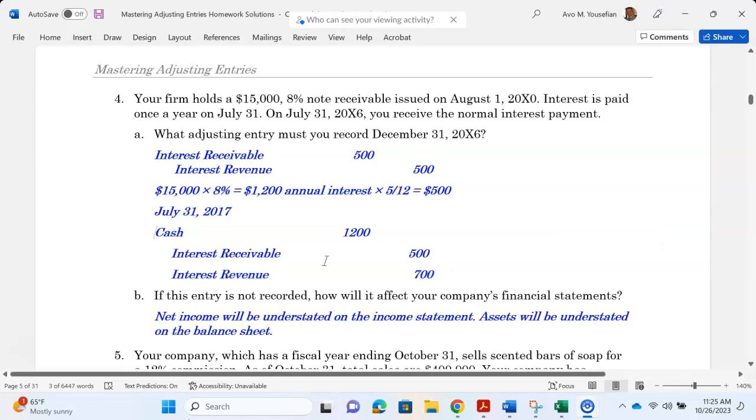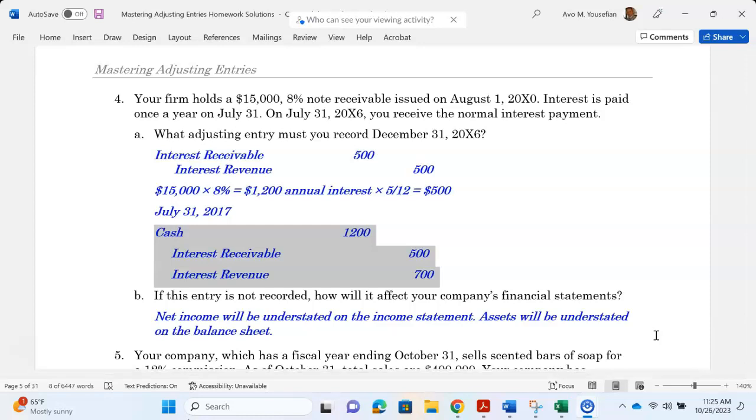So that will be your journal entry when you get a check for $1,200 to close the receivable and recognize 7 months of revenue. Any question up to here before we continue?